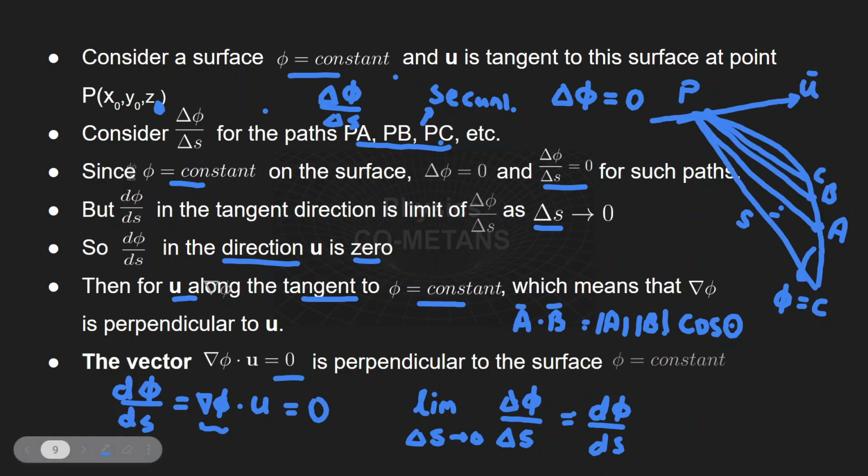So this has a very good physical implication that we have to see. We will study this. So this vector del phi dot u is 0, so it is perpendicular to the surface.